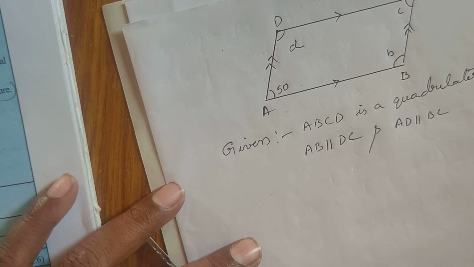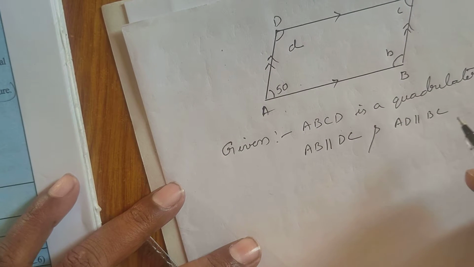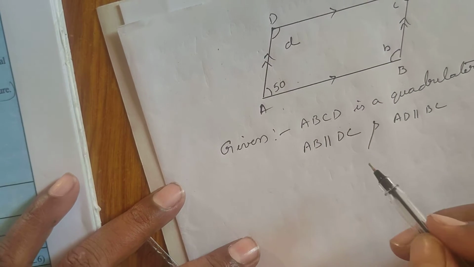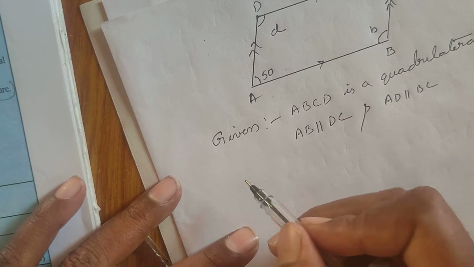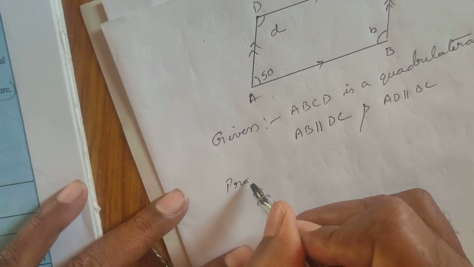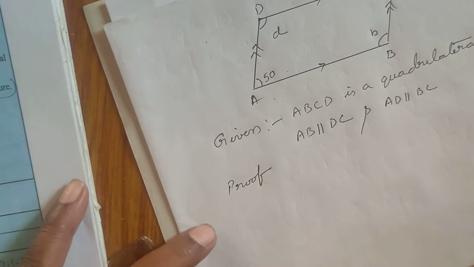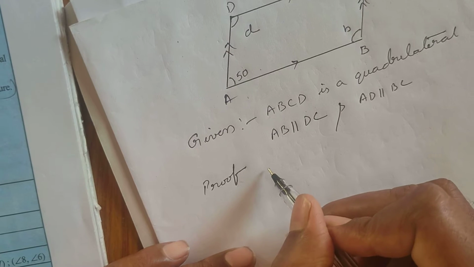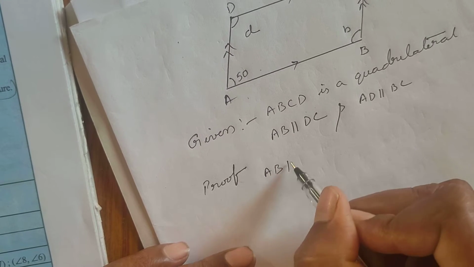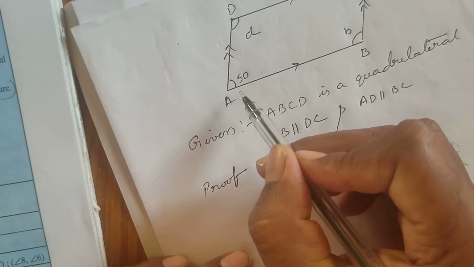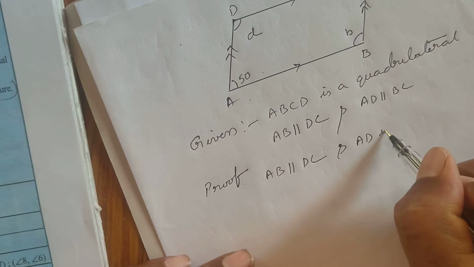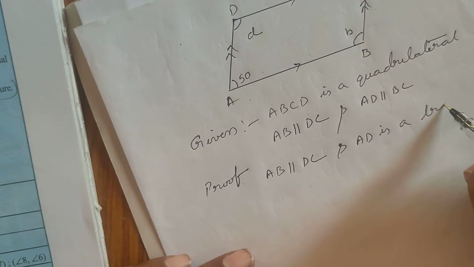Okay. Now you have to find B, C, D, he said. Means angle B, angle C, angle D, you have to find. So what I have to write is the proof. I am taking here AB is parallel to DC. These two are parallel, and AD is a transversal.